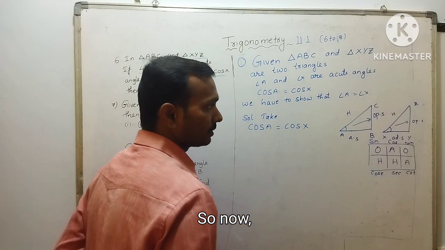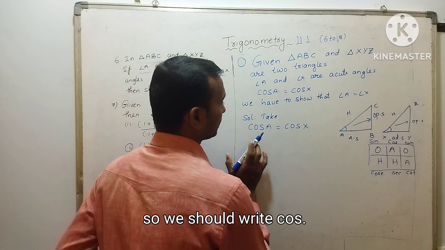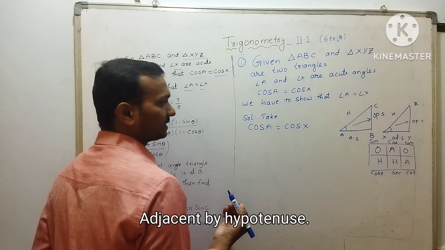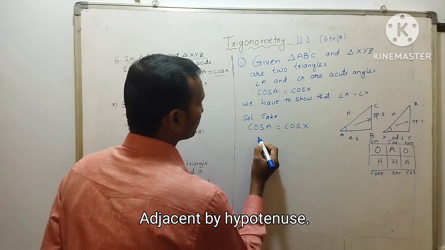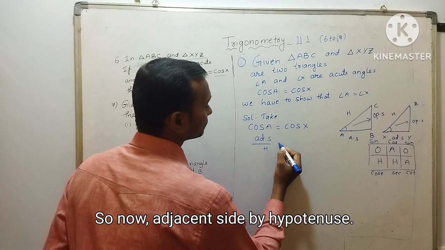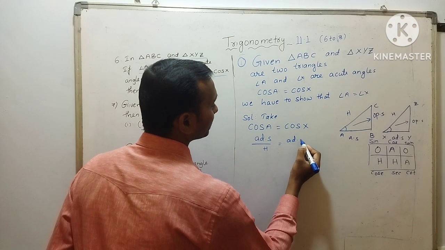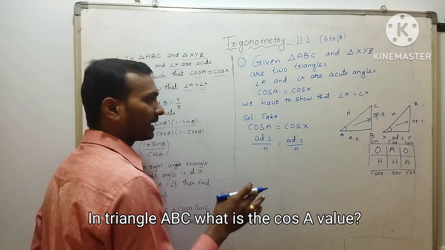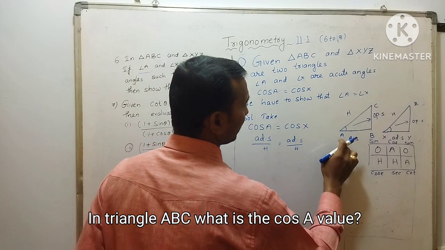So now we should write cos. Cos is nothing but adjacent by hypotenuse. Adjacent side by hypotenuse. In triangle ABC, what is the cos A value?